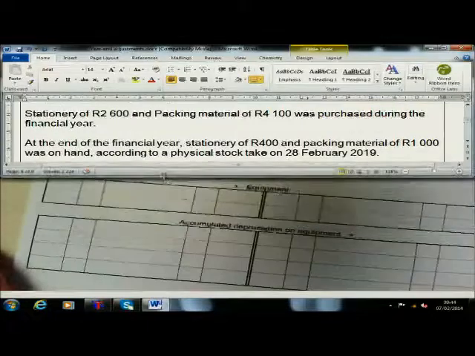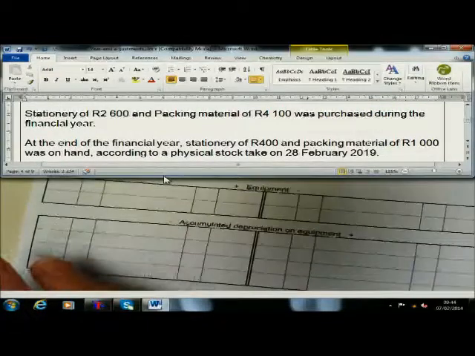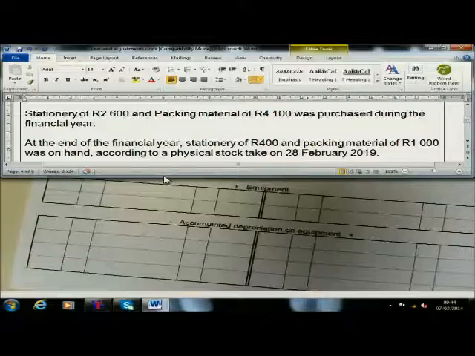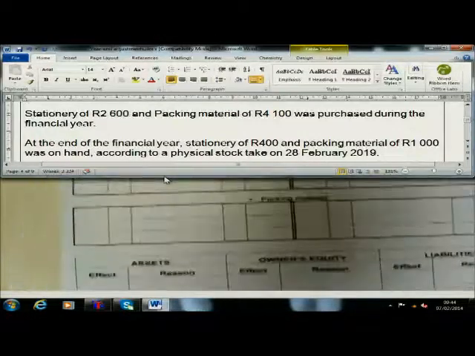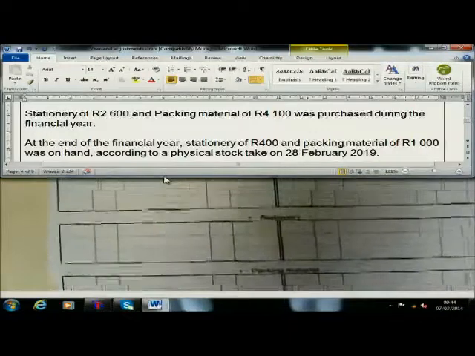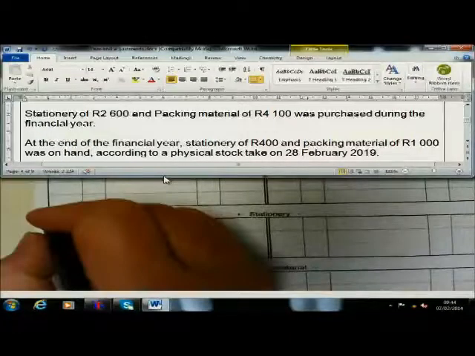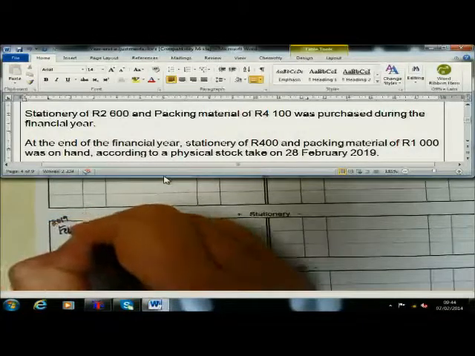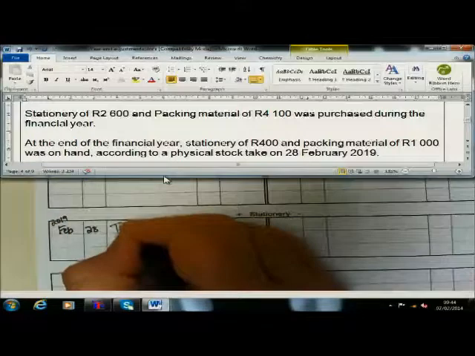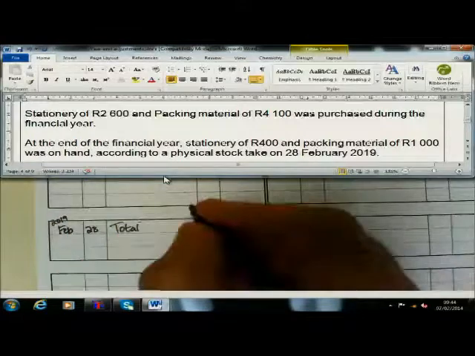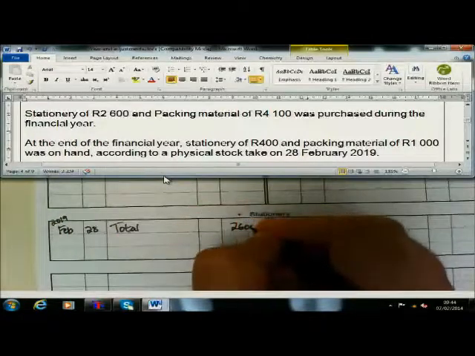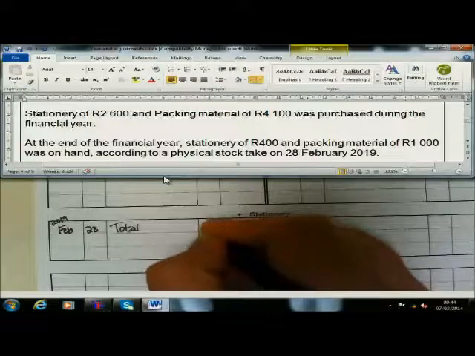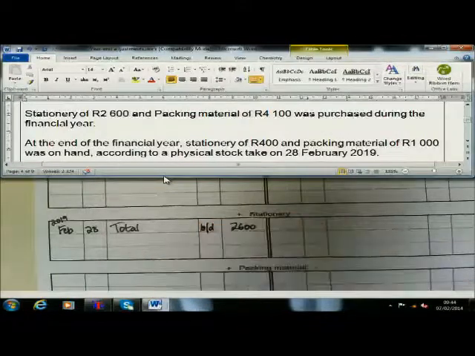Stationery of 2,600 Rand and packing material of 4,100 Rand was purchased during the financial year. That means that for stationery, on the last day of the year, February 28, we've got a total of 2,600, because that was purchased during the financial year.